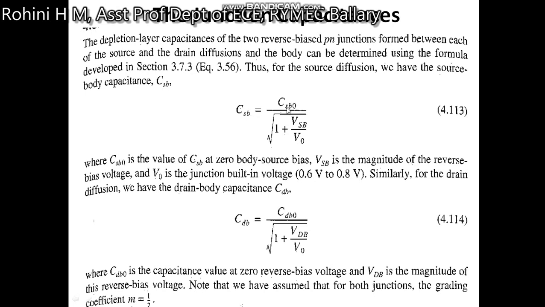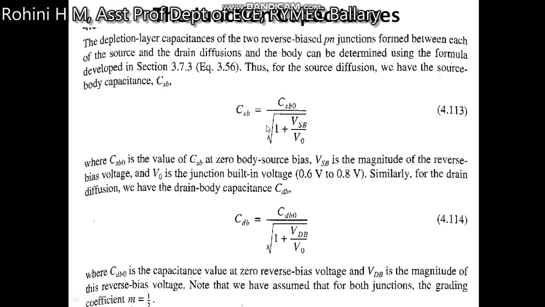CSB is CSB naught divided by square root of 1 plus VSB by V naught. What is CSB naught? It is the value of CSB at 0 body source bias, where VSB is the magnitude of reverse bias and V naught is the junction built-in voltage, usually in the range 0.6 to 0.8.